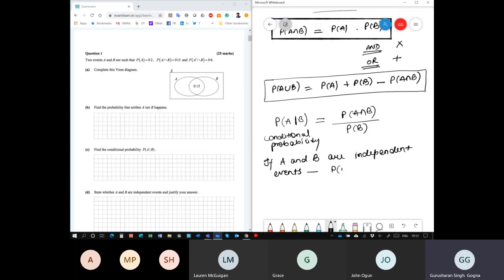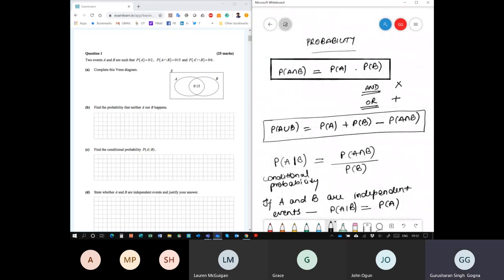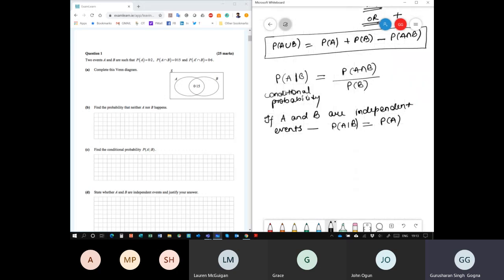So in that case, probability of A given B can be written as probability of A because it is not depending on probability of B. So this conditional probability formula converts into the multiplication rule, which is probability of A multiplied by probability of B. That will give you probability of A intersection B. So you need to keep all this in mind, and they will give you some information in the question. From that you need to make sure you use the right formula. But these are the important formulas in probability.